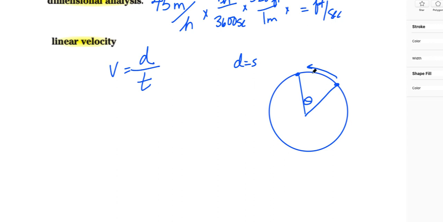We would say that length S is equal to R times theta. And so if we were trying to figure out the linear velocity of an object in a circle, we would have to use this idea. So the linear velocity would be R times theta over T. And that's something that we will use a little bit later on with our problems.